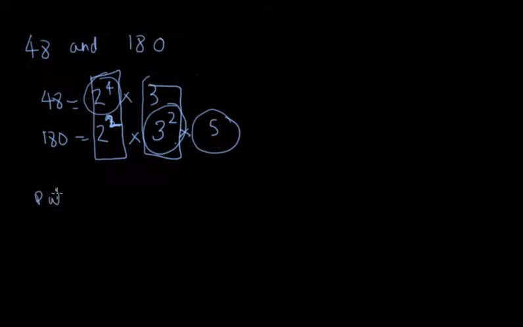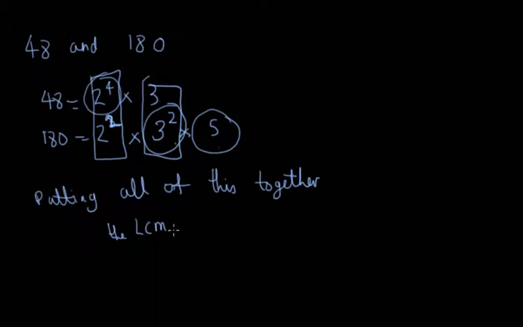Putting all of this together, the LCM of 48 and 180 is, we take our 2 to the power 4, multiply it by 3 to the power 2, multiply it by 5.